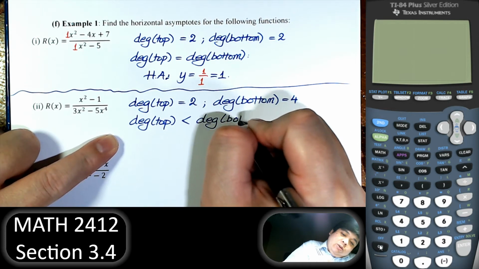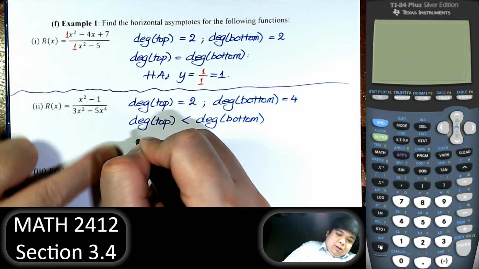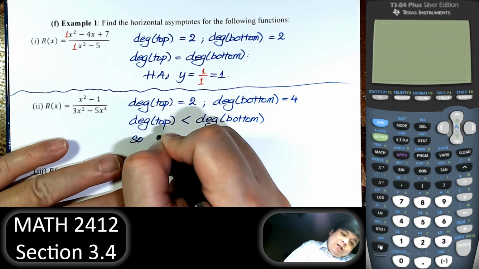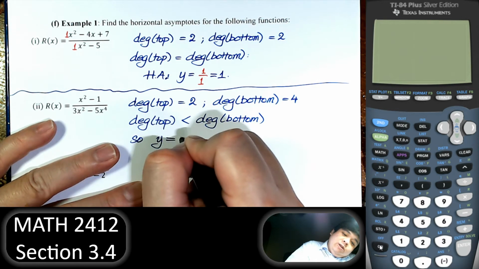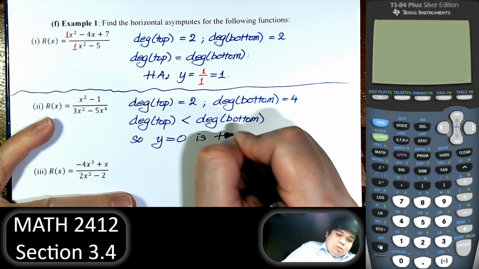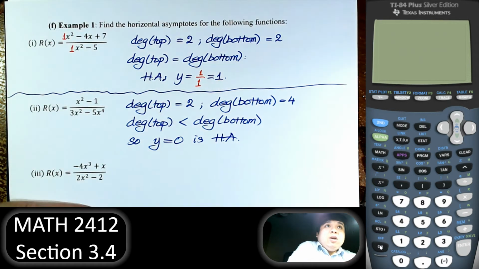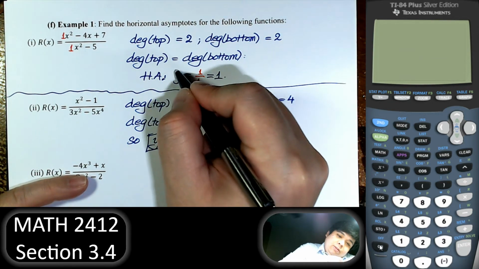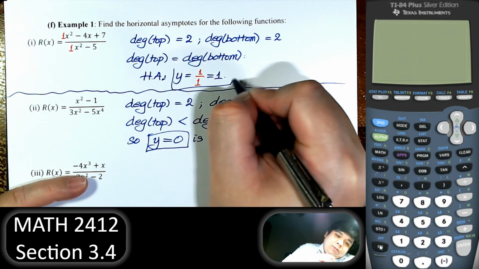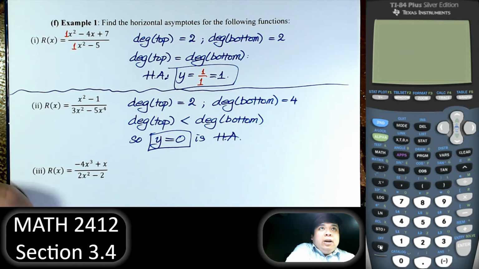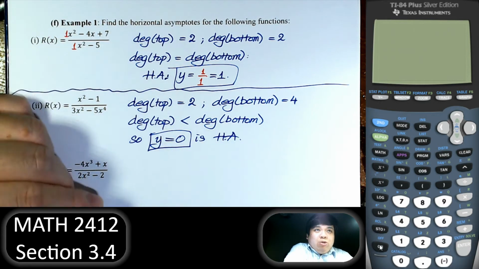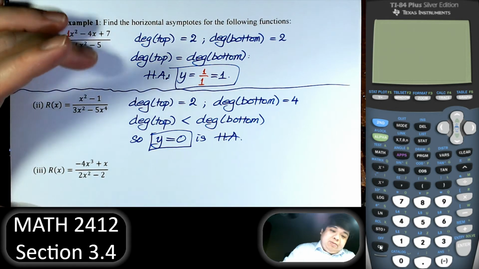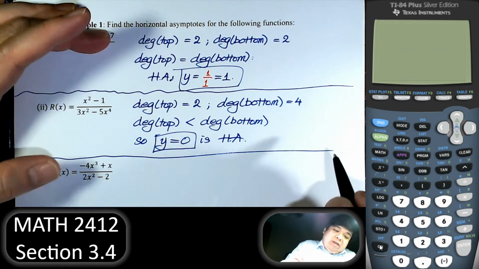So bigger degree at the bottom, so y equal to 0 is the horizontal asymptote. So bigger on the bottom, y equal to 0, bigger on the top, there's none. Which is what we have here.